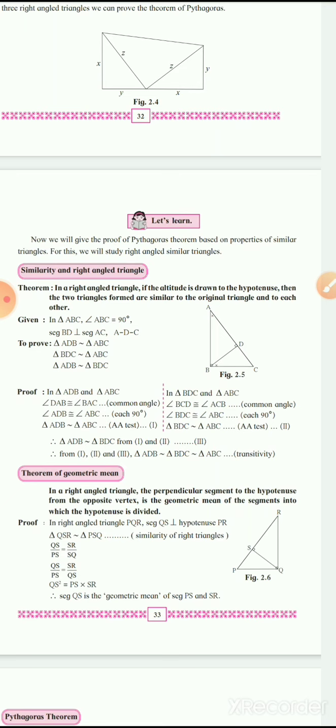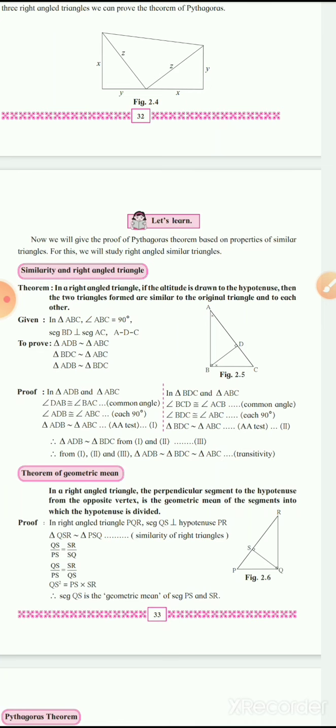Here the reason is each 90 degrees. So due to the AA test of similarity, these two triangles are also similar to each other. So triangle BDC is similar to triangle ABC. Here the reason is AA test of similarity.